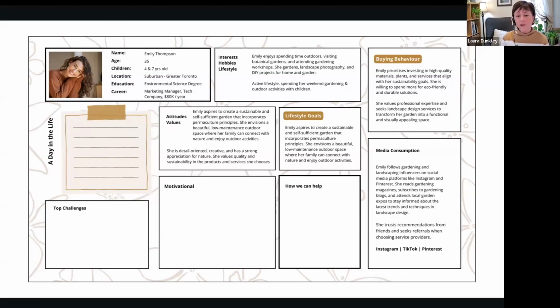And through this exercise, I actually just created this on Canva. Make it pretty, but make it make sense for you. So this person that we picked, Emily Thompson, I created all the information there. I bolded it. I really wanted that to be important. If you go over to the buying behavior and lifestyle goals, I decided to bold that because I want to make sure I constantly pay attention to that.